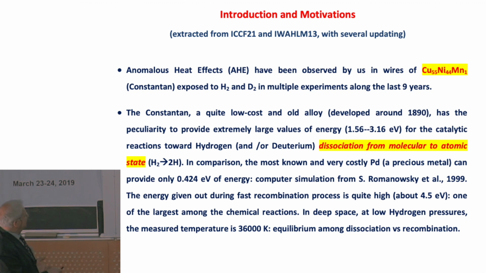It can give about 1.5 up to 3, 6.6 electron volts, depending on the composition. For comparison, palladium can give 0.42 electron volts. Moreover, as another point of non-equilibrium or stress, the atomic hydrogen, when recombined at a very low pressure, has a limit temperature of 56,000 degrees. It's very large. This is a measured value, not calculated, measured.